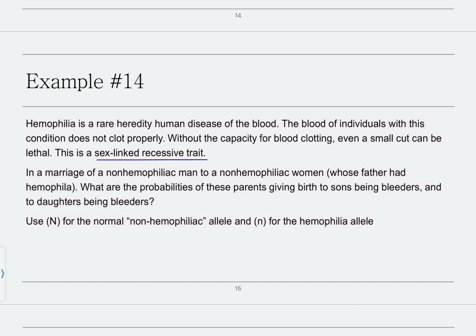So we can go ahead and start with our key, which I'm going to do up here. Okay, so it's a recessive trait and we're talking about hemophilia, so I'm going to use an H. If we have 2 dominant alleles on a female, we're going to be normal.